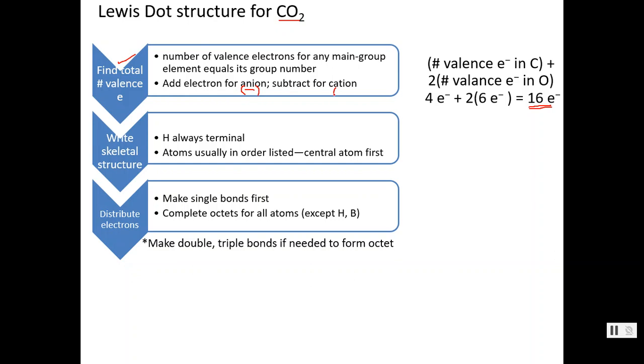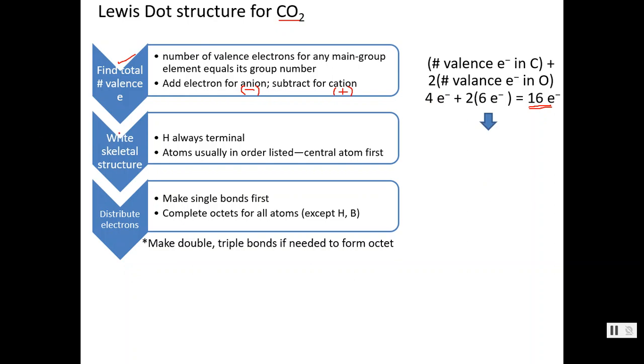If you have a species that's positively charged, or a cation, then you would subtract the appropriate number of electrons from your total valence. In carbon dioxide, there's no charge. I don't see any charge as a superscript in the upper right-hand corner. So the total number of valence electrons that we will use is what we calculated here, which is 16. So that's the first step: find the total number of valence electrons.